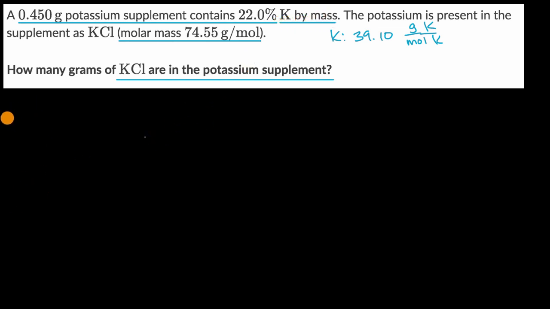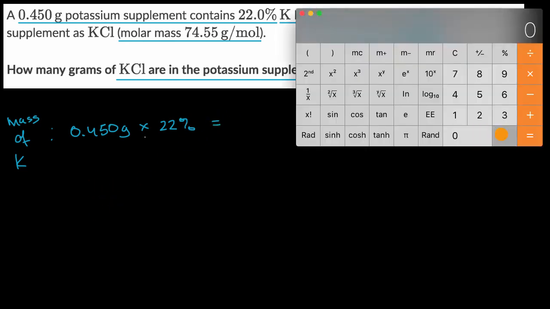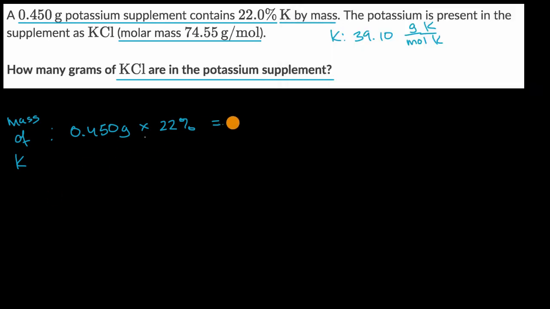So mass of potassium is going to be 0.450 grams times 22%, or 0.22, which is equal to 0.099. So that's how many grams of potassium I have.